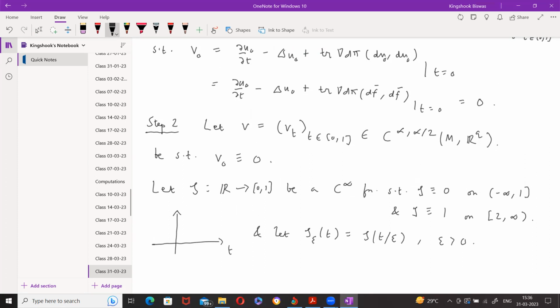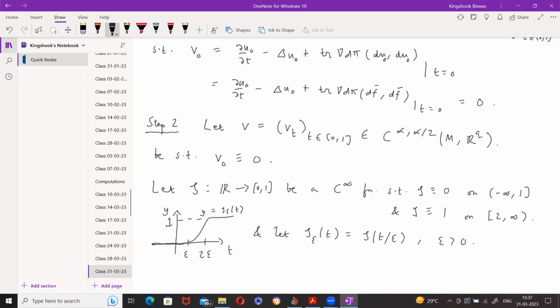If this is time t, and this is epsilon and this is 2 epsilon, then zeta epsilon looks something like this. Is that clear? This is the graph y equal to zeta epsilon of t, and this is 1 here.